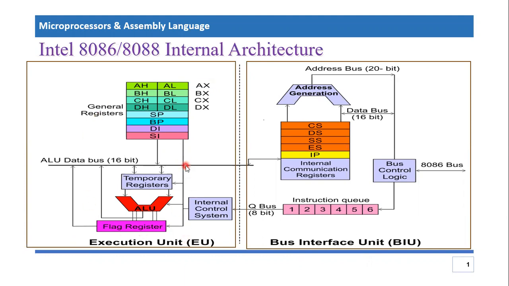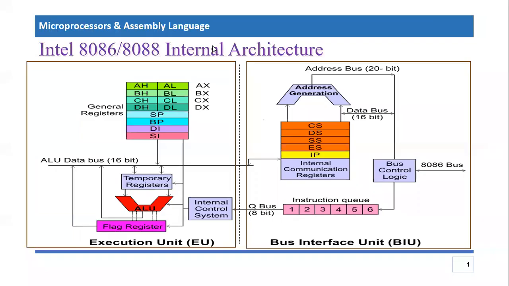The instructions come from the outer world through the bus interface unit, whose job is to bring them inside the microprocessor, and the job of the execution unit is to execute those instructions, to understand what needs to be done against them. So there are two processing units: one works on interfacing, and the other works on execution. That is why I told you it is a parallel processing architecture.